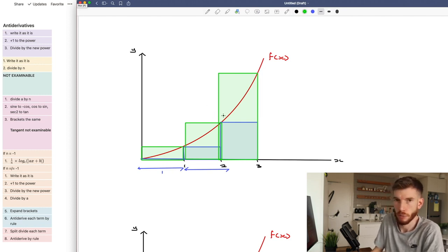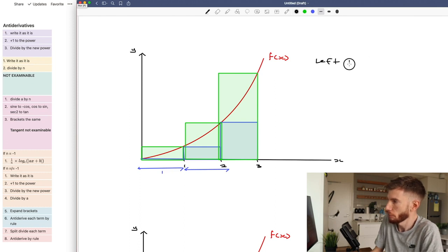So neither of them is very perfect, but what we could do is say, well, what if we average them, because one's an overestimation, the other one's an underestimation. So we could say that the left endpoint method area plus the right endpoint method area, divided by 2, would then give us the average area under the curve, right?